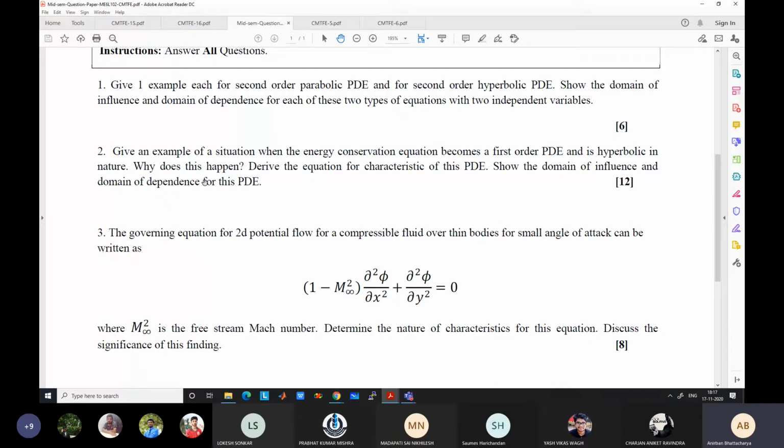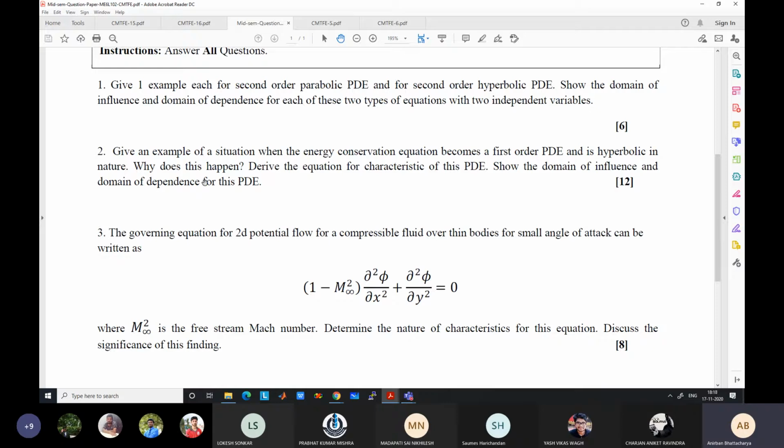if there is a diffusion term in a physical problem, the diffusion term is a two-way type of phenomenon, it passes information both ways. Whenever diffusion is present, it leads to a situation which is elliptic in nature.